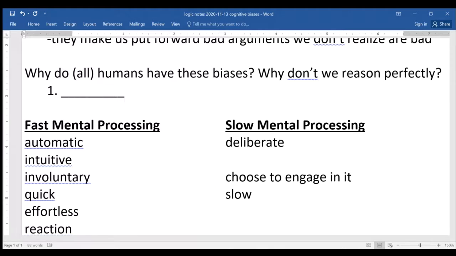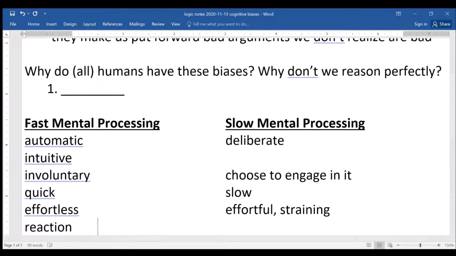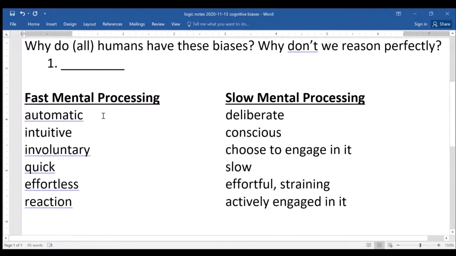Rather than being effortless, it requires a lot of effort. It's effortful. It's a strain or straining. And rather than being reactive, it seems to be that you're actively engaged in it. And this seems to be particularly deliberate and conscious. You can feel yourself doing the mental processing on the slow side of this. On the fast side, it just seems too quick for you to even notice that it happened.